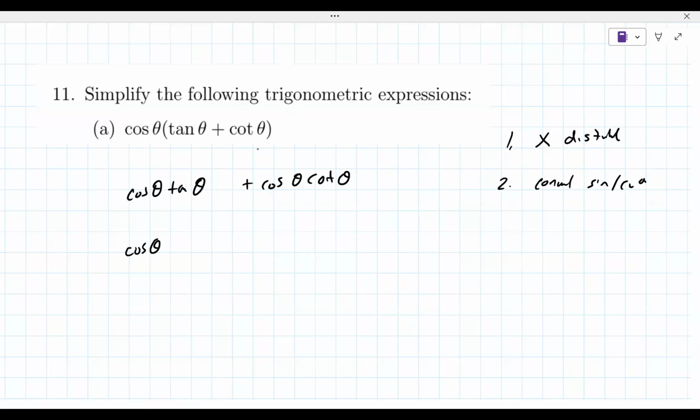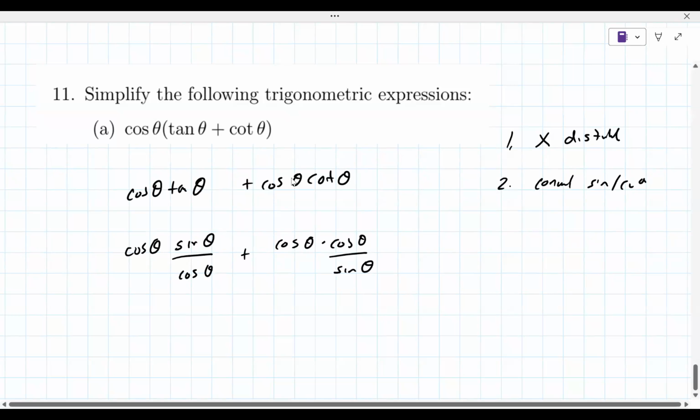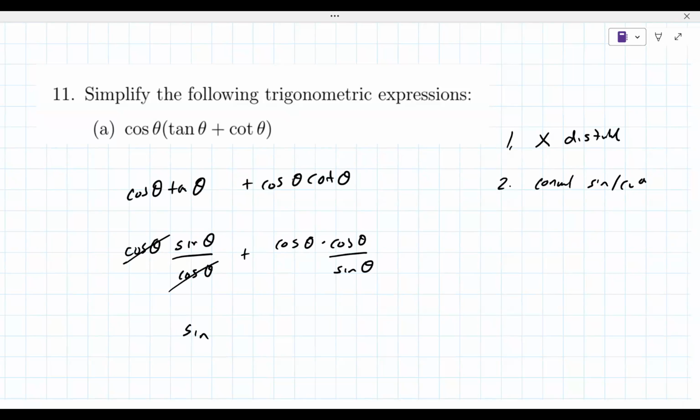Tangent is sine over cosine. Oh, that's good. The cosines cancel. And the cotangent is cosine theta over sine theta. So not as good, but that's okay. So this cancels with that. You get sine theta plus cosine squared theta over sine theta, like that.